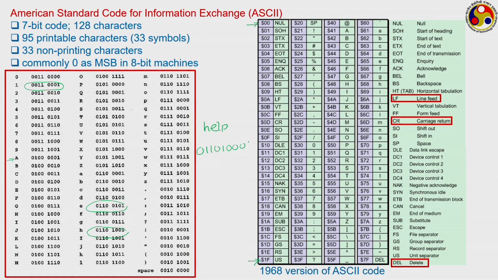It continues like this, 0 1 1 0 0 1 0 1, then we have L, this is your L. So, it is 0 1 1 0 1 1 0 0, and finally P, just find P from there. So, this is P: 0 1 1 1 0 0 0 0.